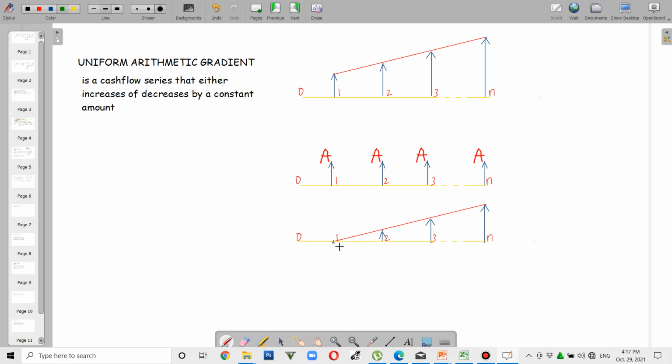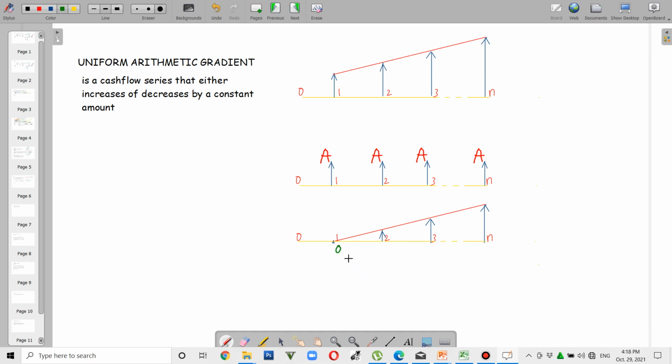So if you notice, there will be no increase at the first period. So saan magsisimula yung gradient? It is occurring right after the first period of this cash flow. So ang magiging zero ng timeline ng gradient is the first period of the total cash flow.